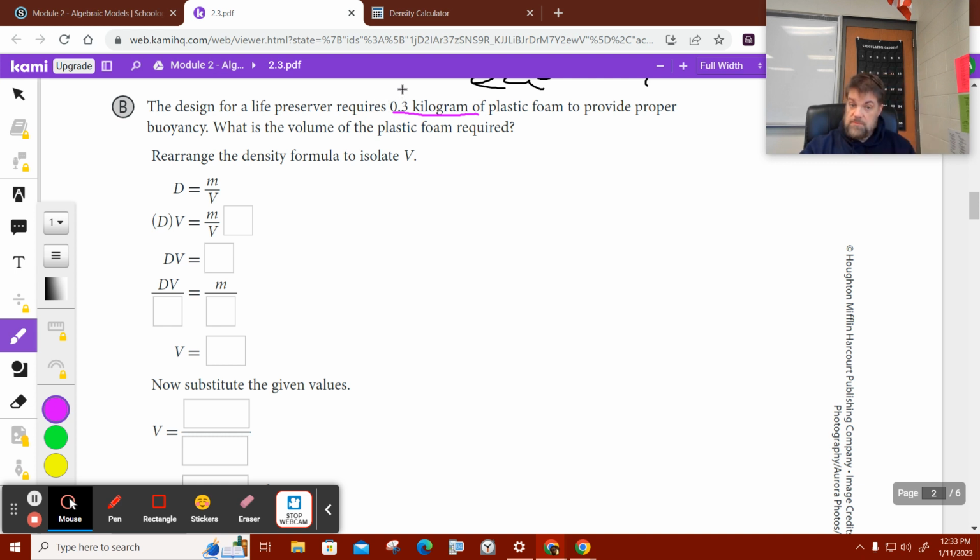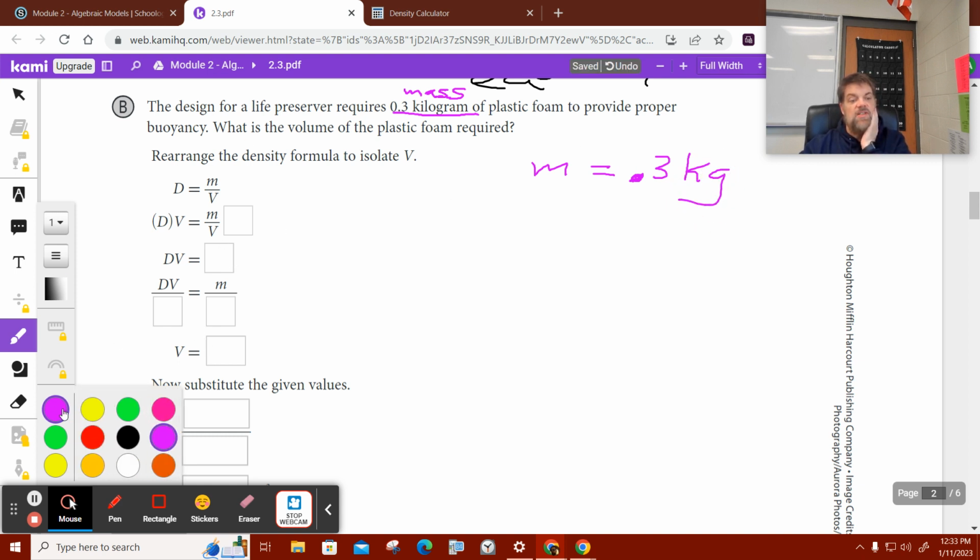Weight or mass, right? So we know that kilogram is a weight, but in science we call that mass. So we would say that M is equal to 0.3 kilograms.